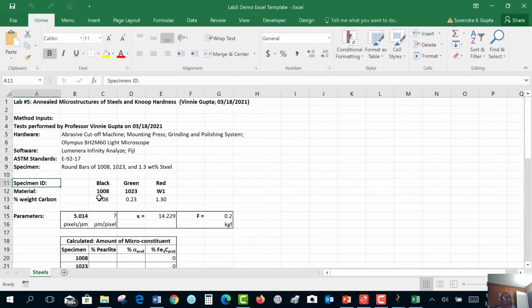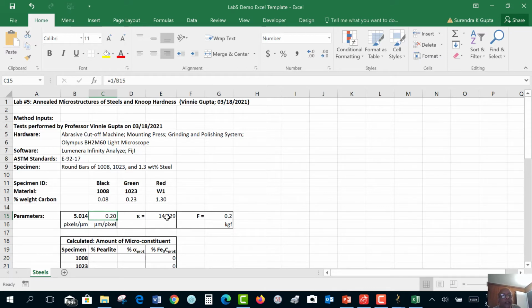These are our three samples, 1008, 1023, W1, and we have our parameters. So I took the image at 500x. Let's see what our resolution is. 1 divided by this. So our resolution, let's round it up, is 0.2 microns per pixel.